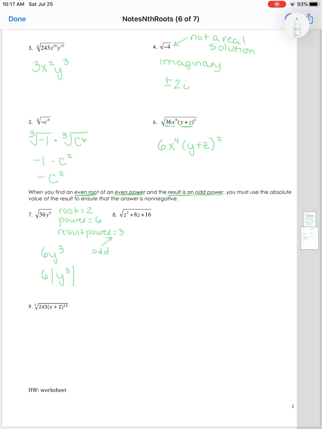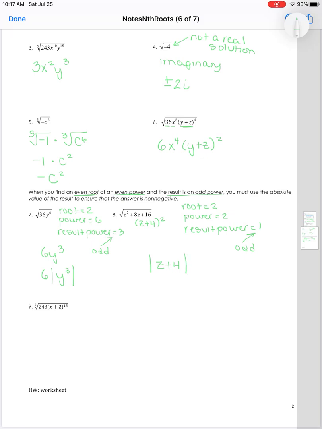The power that we're working with is 6, and then our resulting power would be 3, which is an odd number. So this is where the absolute value comes in. Usually we would just write 6y to the 3rd. But given that that is now an odd number, you have to put the y to the 3rd in absolute value symbols. So the 6 is fine, but you do need to put the y to the 3rd in absolute value.